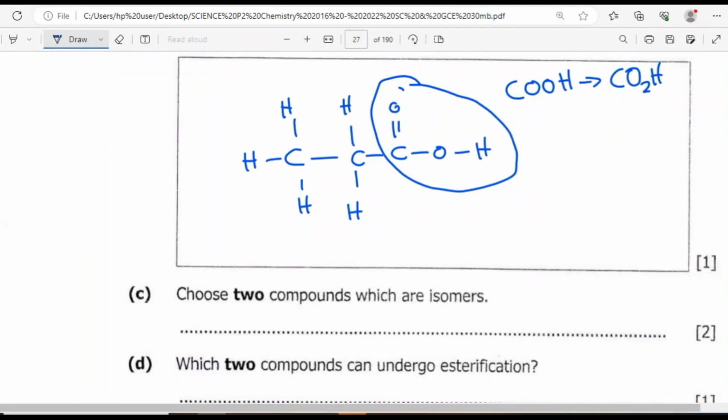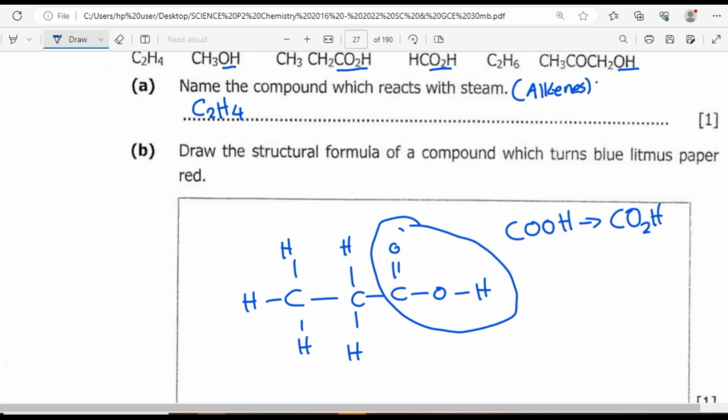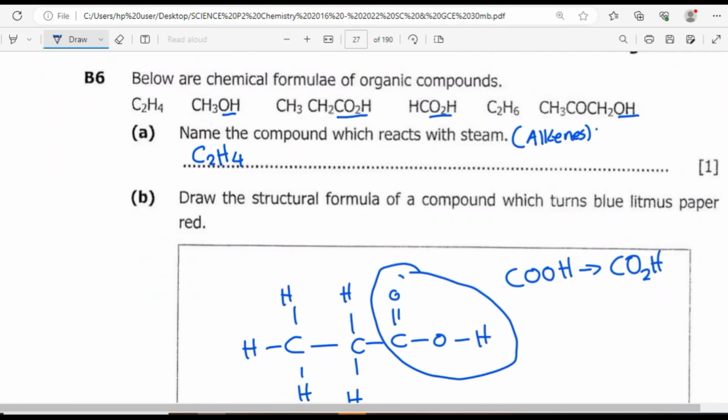Then you choose 2 compounds which are isomers. So what are isomers? Isomers are compounds with the same molecular formula but different structural formulae. From the given list, let's check for isomerism. First begin by looking at the chemical formula.